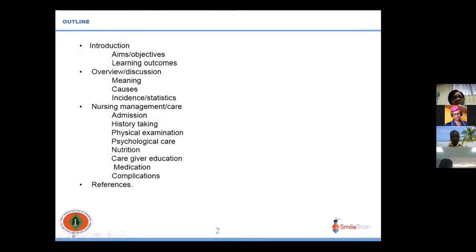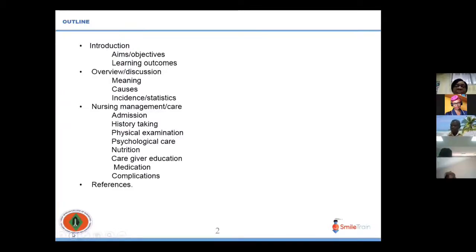In my lecture this morning, I'm starting with these outlines that show the introduction. In this introduction, we have the objectives, the learning outcome, overview, stroke discussion, meaning of cleft lip and cleft palate, the causes, incidence statistics, then the major thing, nursing management, because the topic is pre-operative management of patients going in for cleft lip and palate surgery.